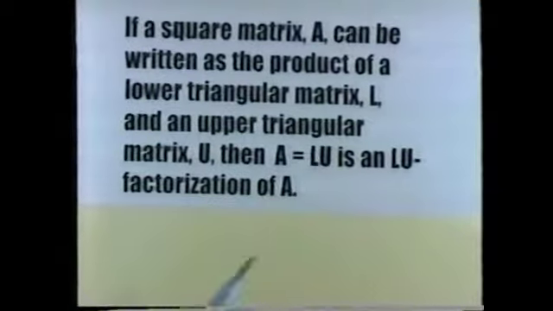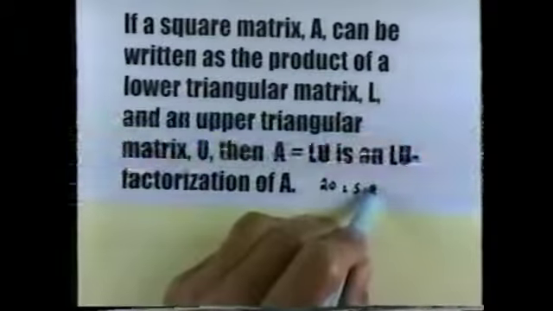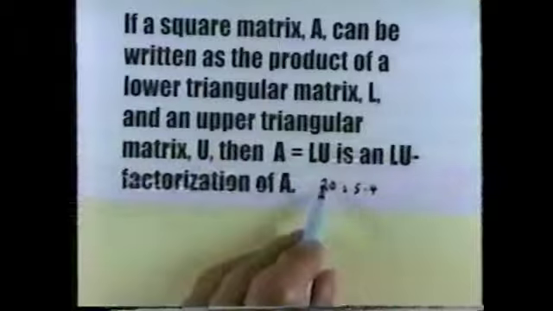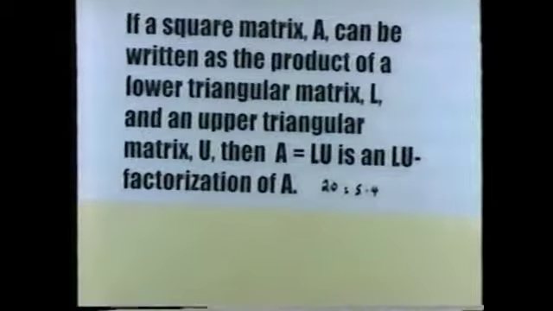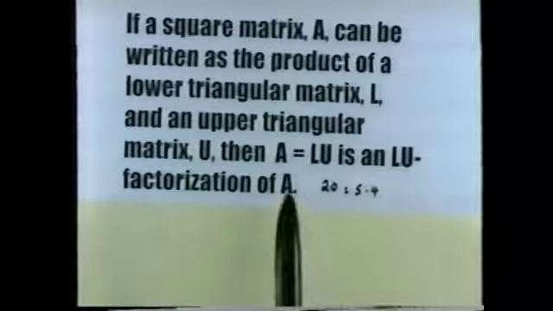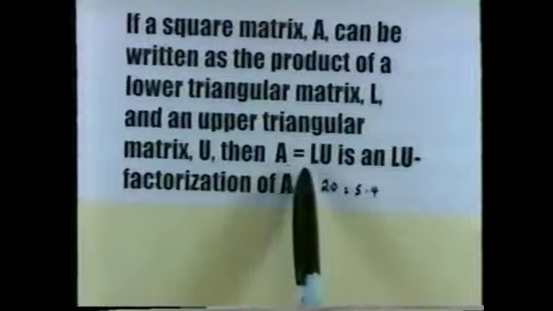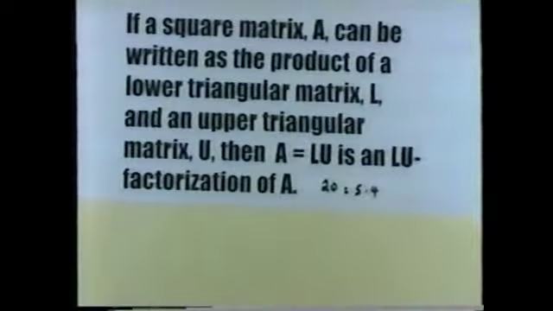I could take 20 and write it as 5 times 4. So 5 times 4 is a factorization of 20. It's not a complete factorization, but it is a factorization. So just like we factor numbers, we can factor matrices. I can factor the matrix into a lower triangular matrix times an upper triangular matrix.